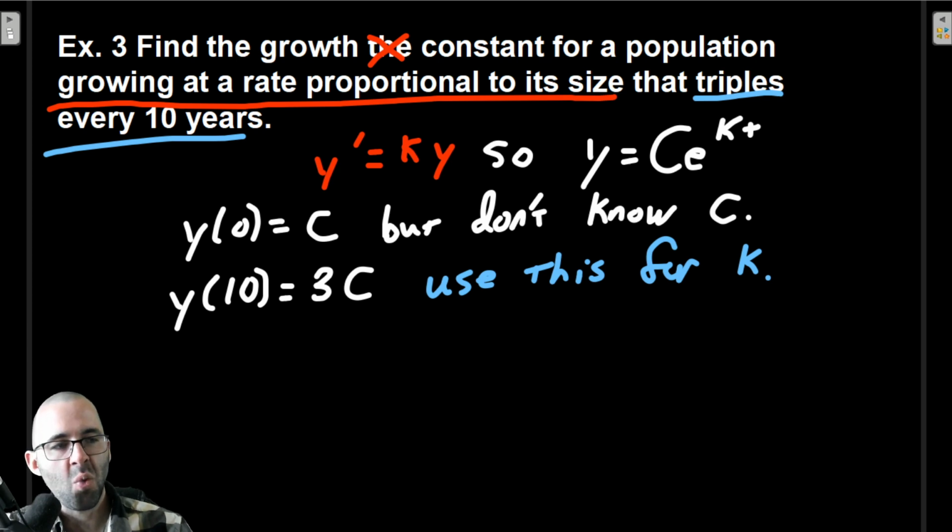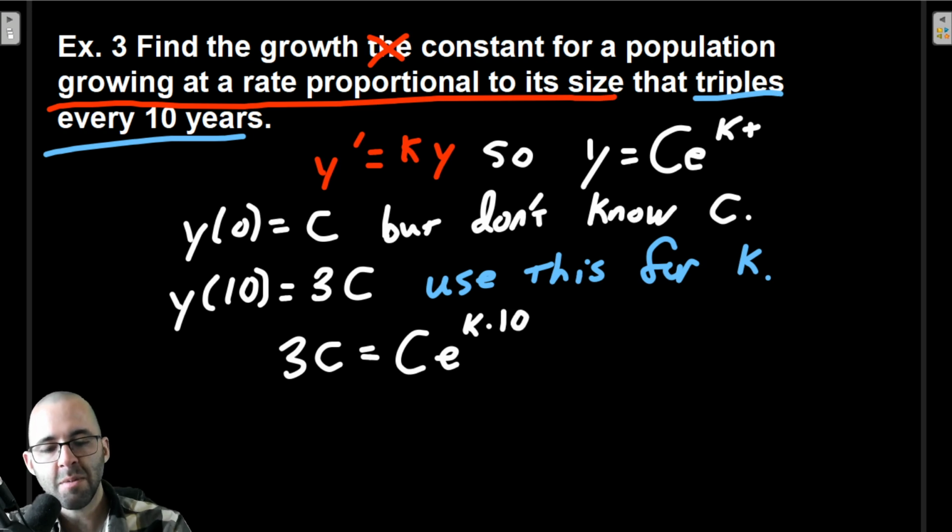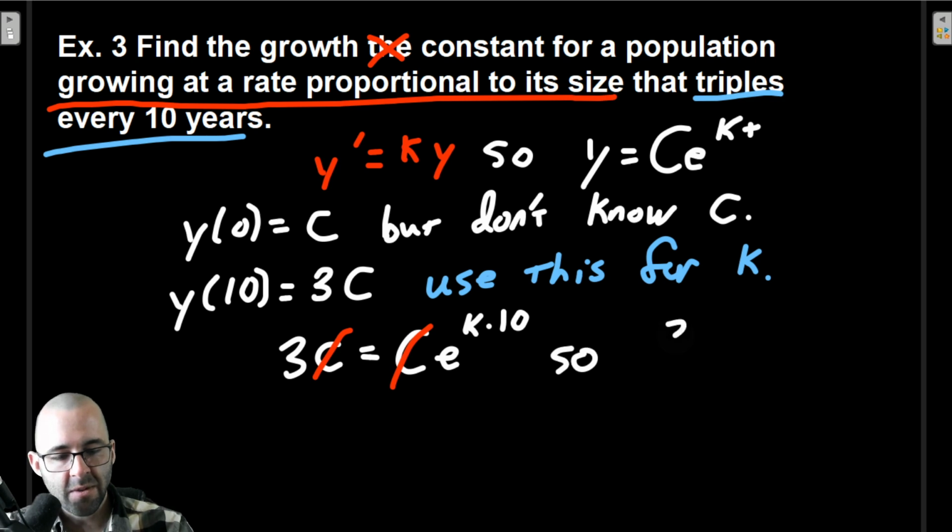So after 10 years, the y value is 3c. After 10 years, the t value is 10. We'll divide both sides by the c. The c just cancels out real nice. We're left with 3 equals e to the 10k.